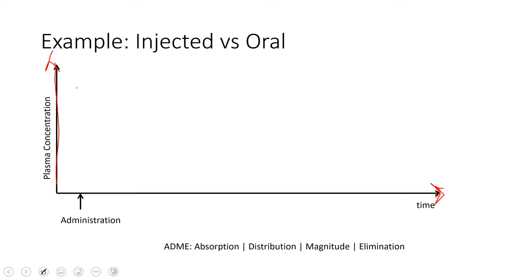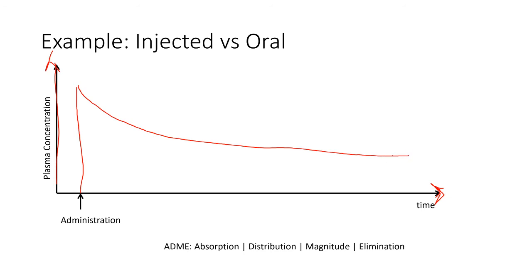If you put something in through a vein, the plasma concentration will look something like this, where this is a bolus, where you get the full dose at one time, and then it drops off as it gets absorbed, or excreted, or used.